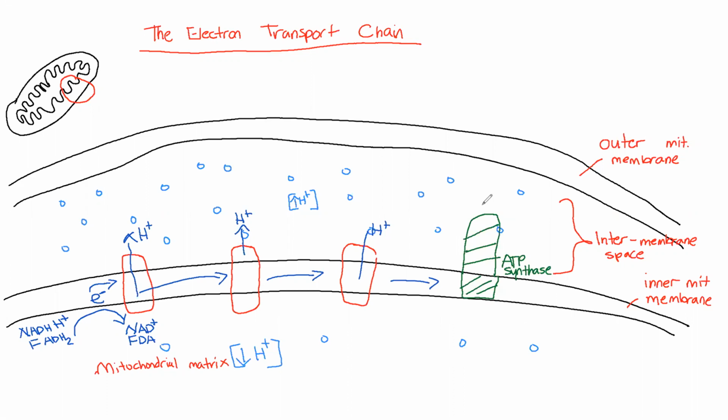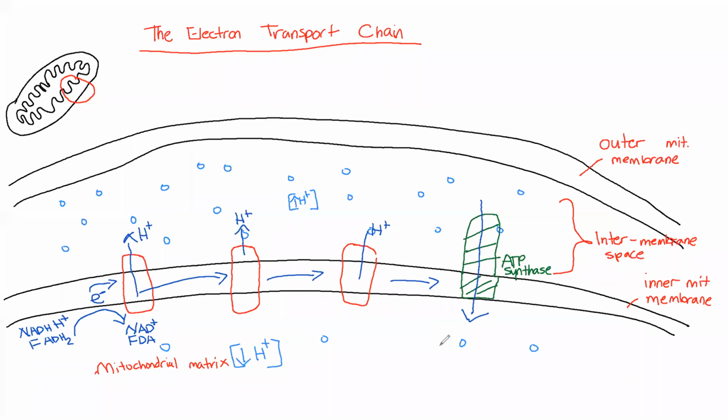And so when they do that, they go down ATP synthase, these hydrogen ions, because of the strong gradient. And that happens to create the ATP from ADP. So the energy of all of these protons moving down ATP synthase is what actually phosphorylates ADP to create ATP, okay?